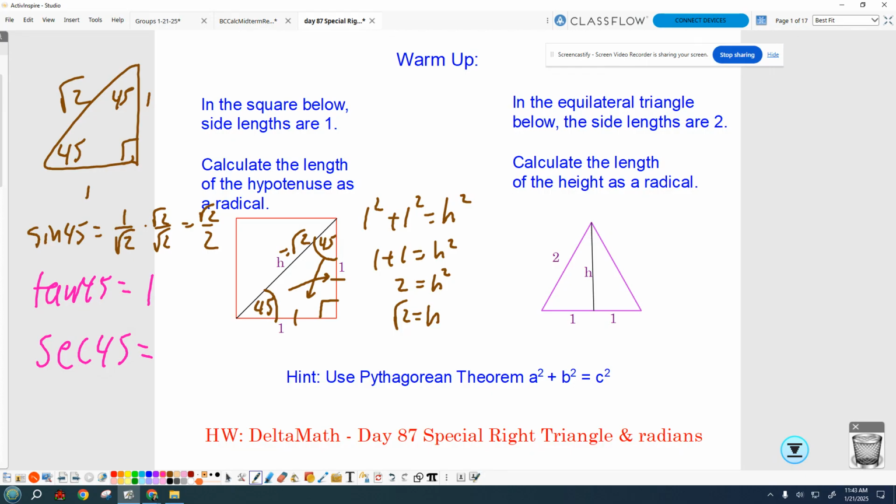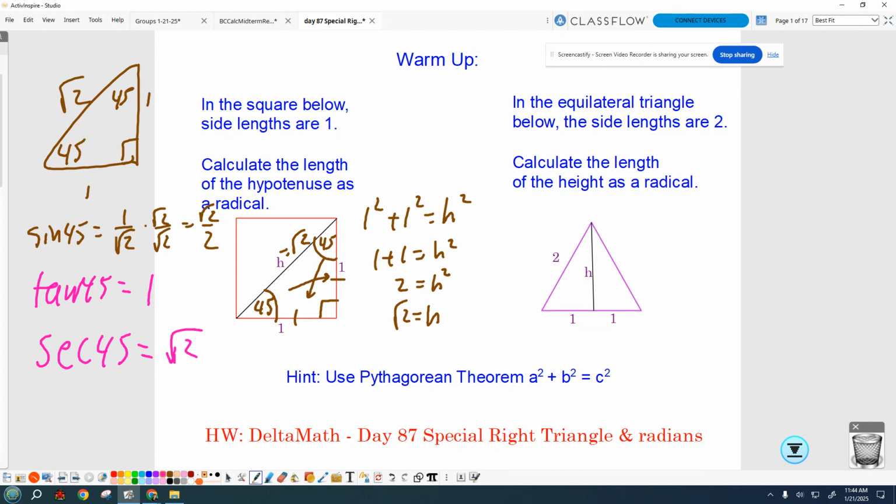Secant is which upside down, cosine or sine? Cosine. So, Trey, what is secant of 45? Cosine upside down. Root 2 over 1, which I could also just call root 2. Yes. So I know sine, cosine, tangent, and their reciprocals for 45 degrees.